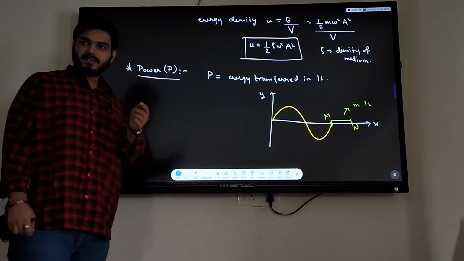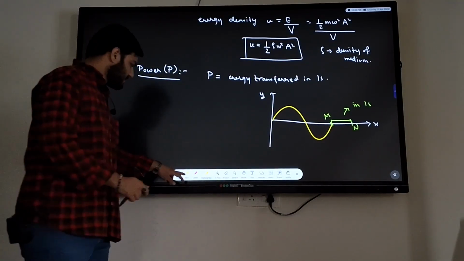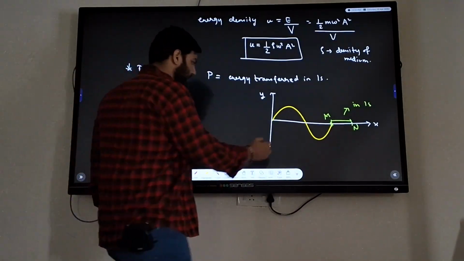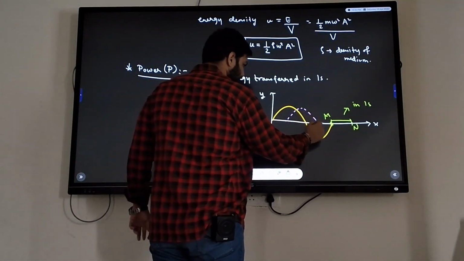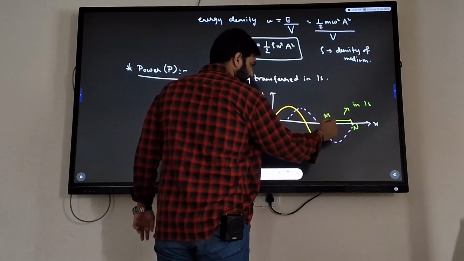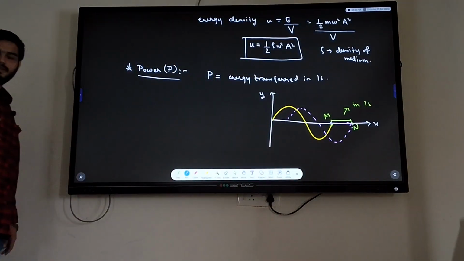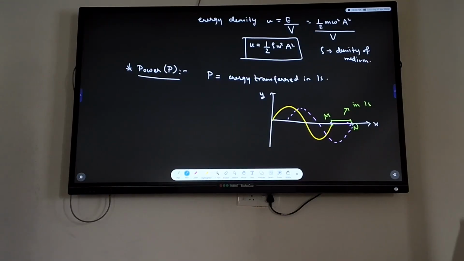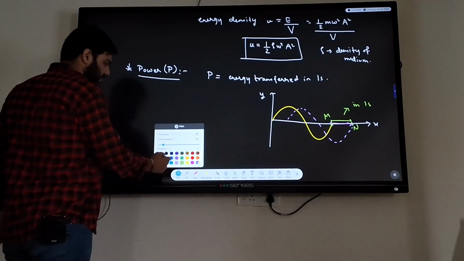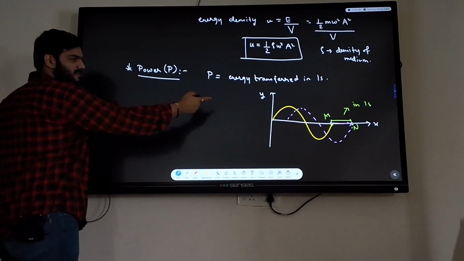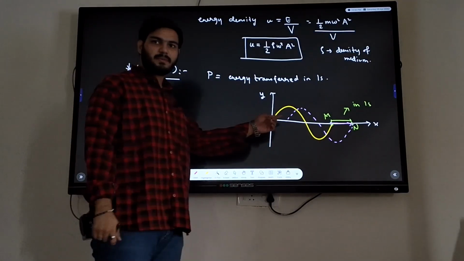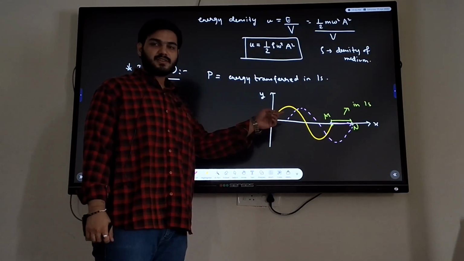Can you imagine the wave has traveled that distance? You see this picture? The picture will look something like this. This point has moved to this point. You're tracking one point. Let's say this is a transverse wave. I'm doing the discussion on a transverse wave.